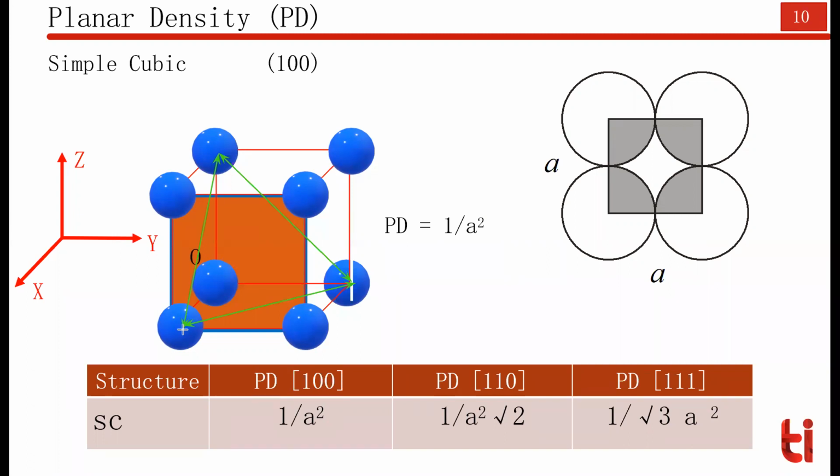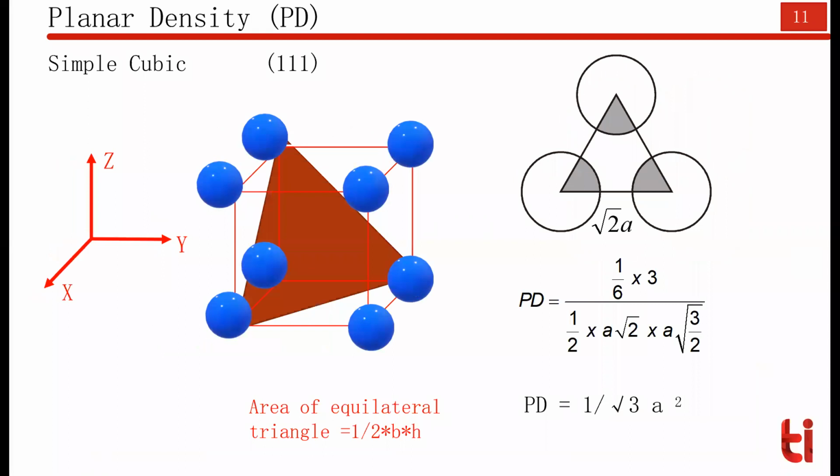If you try to compute the number of atoms on this, there are only 3 atoms at 3 corners, and they are also not contributing 100%. So what is the contribution of individual atoms to the unit cell? To see that, let's move to the next slide, where you will get a clearer idea about the contribution of an individual atom to the plane under interest.